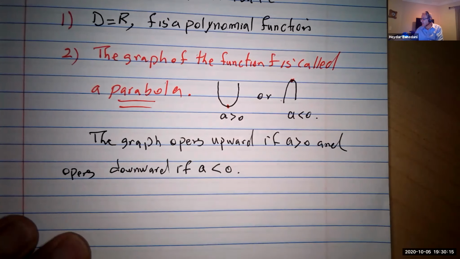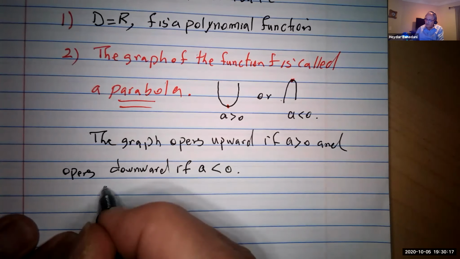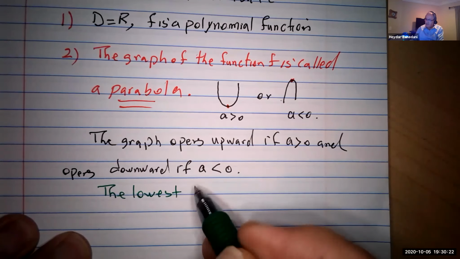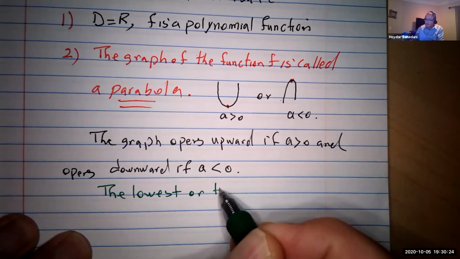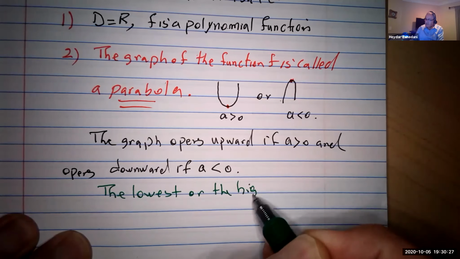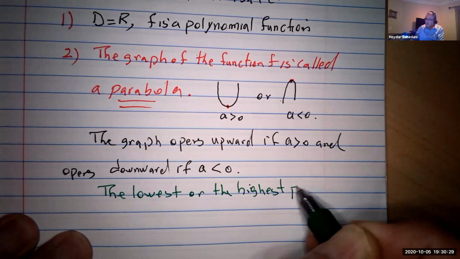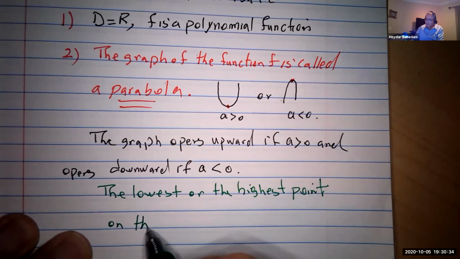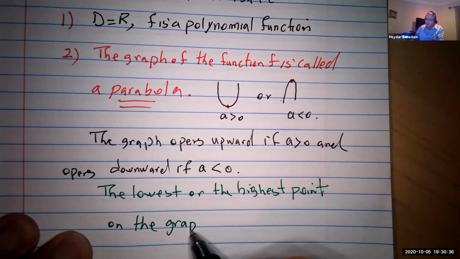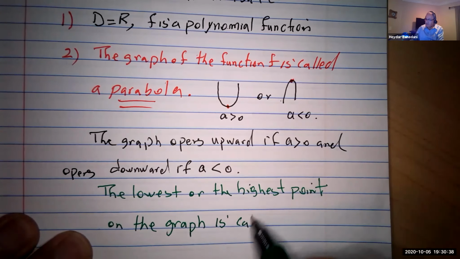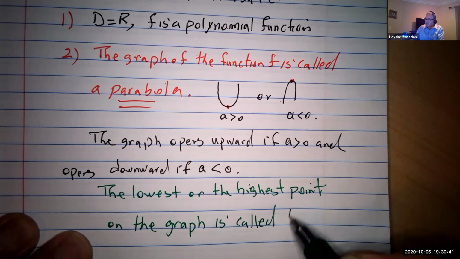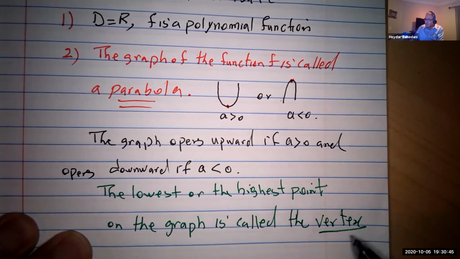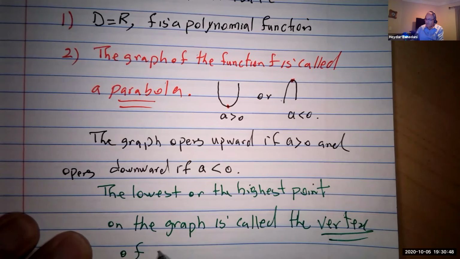So the lowest or the highest point on the graph is called the vertex of the graph of the parabola.